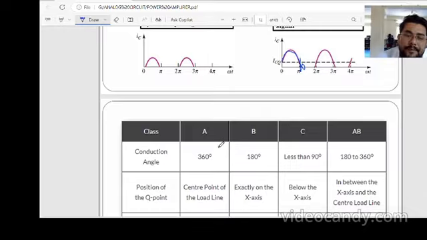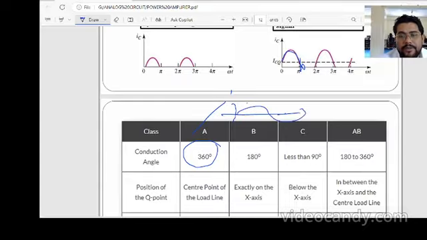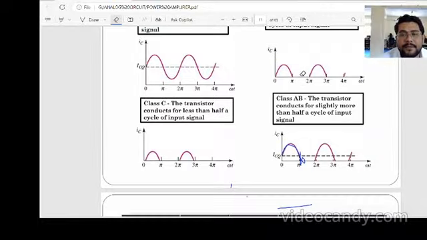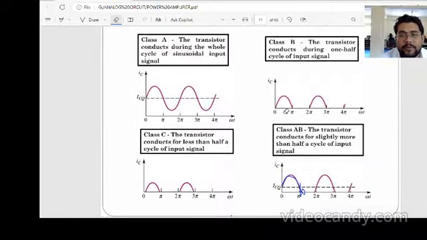First, for the class A amplifier, the conduction cycle is the whole cycle, 360 degrees, up to here. Next, class B conducts up to pi, up to here.